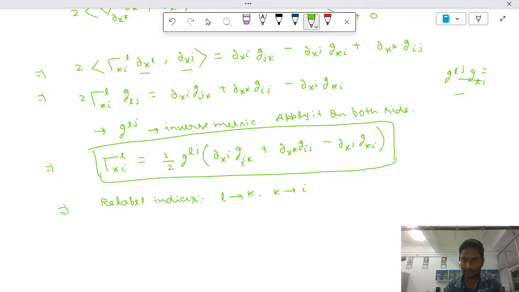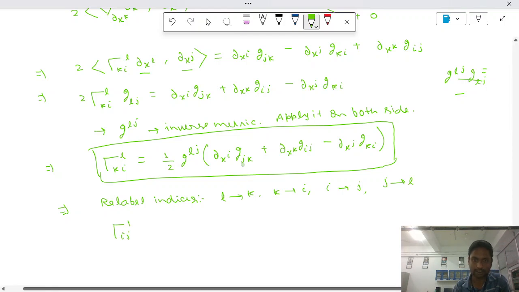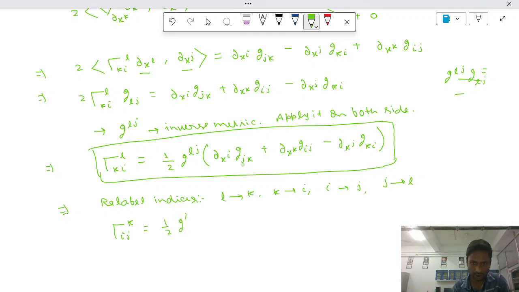When you relabel them, i with your j and j with your L, then you get gamma^k_ij equal to 1 by 2 g^Lk, del x_i g_Lj plus del x_j g_Li minus del x_L g_ij.